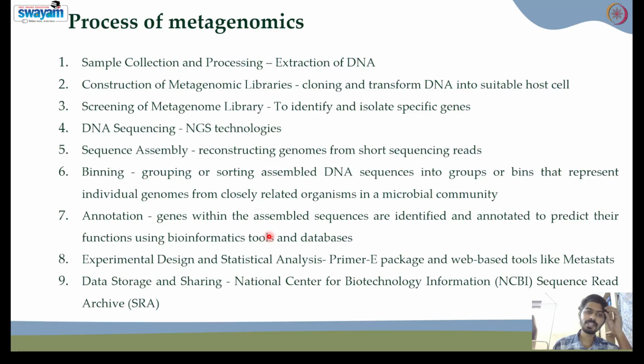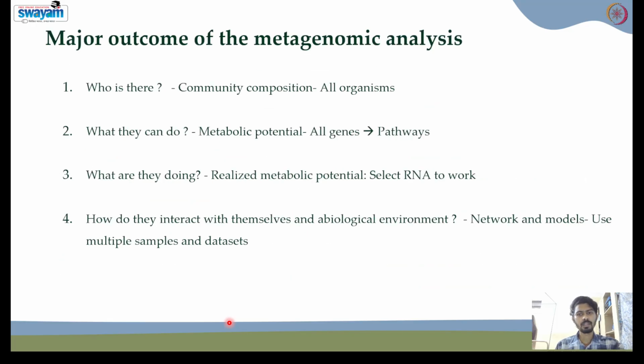So this is the general procedure for metagenomics, and this is how the metagenome analysis is done with the help of different statistical tools and bioinformatics tools. And if we move to the outcome of the metagenomic analysis, it helps us to answer all the basic four questions that we see in microbial ecology.